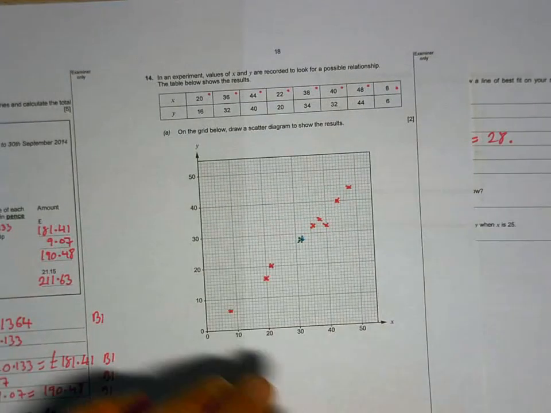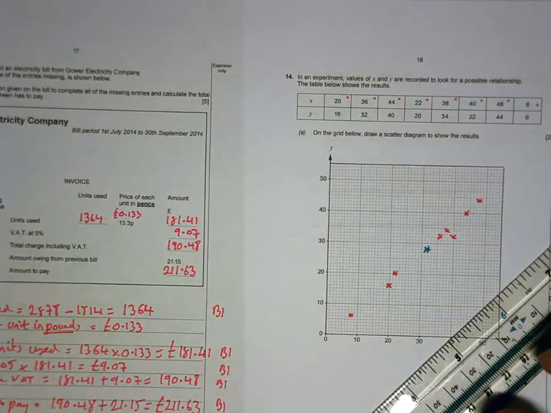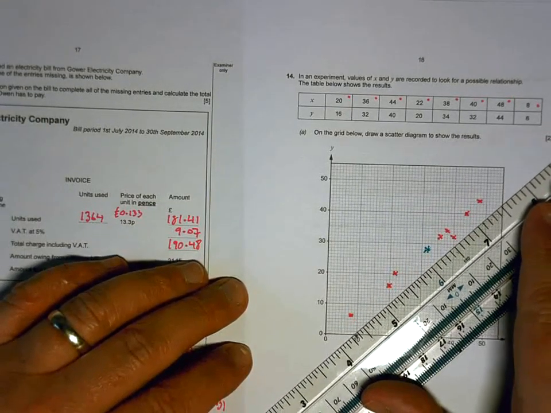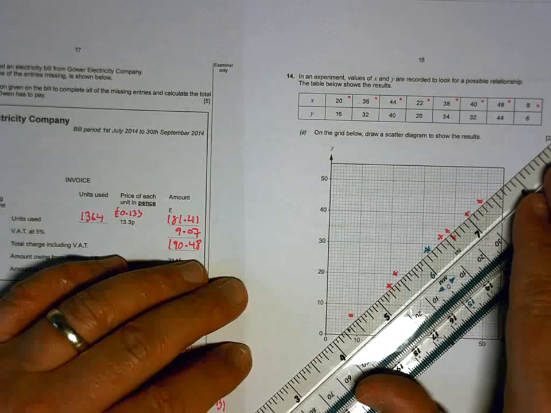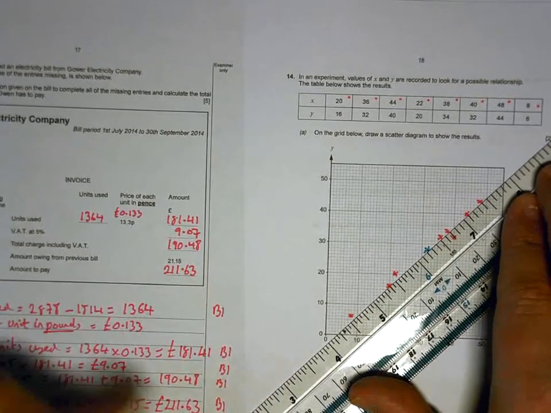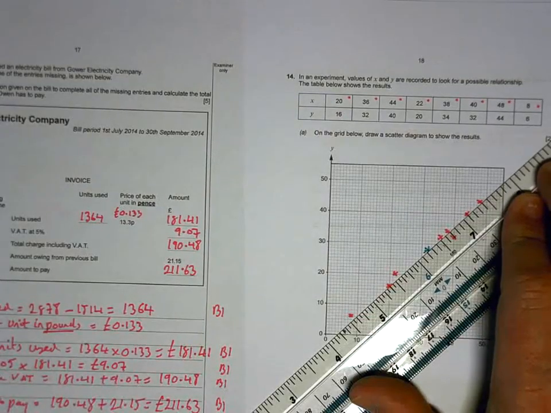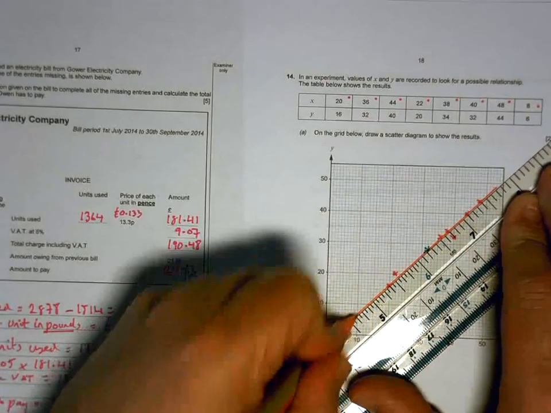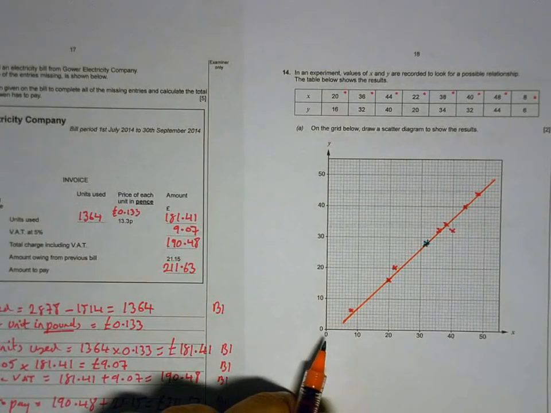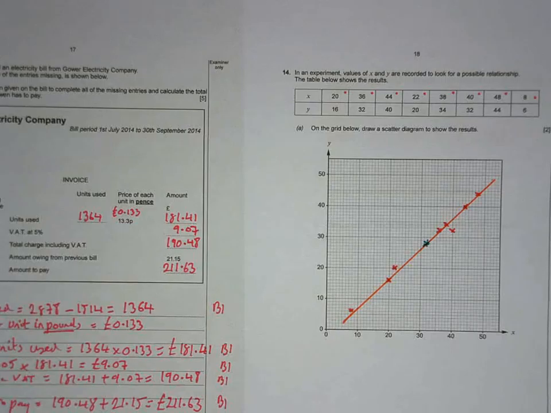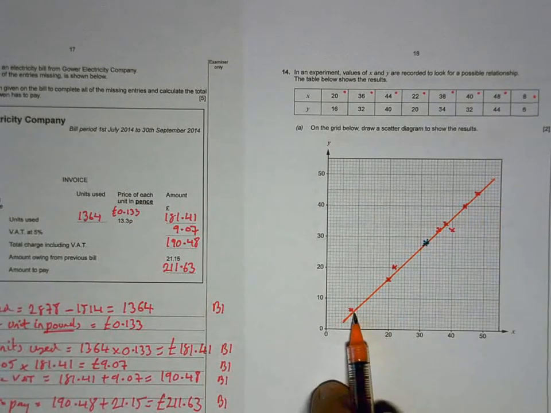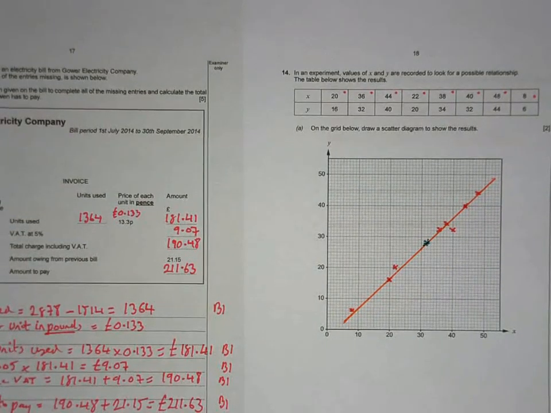We need to make sure that our line goes through the mean. So you want it to go in the same slope as most of your points and through the mean. And you don't take it through 0, 0 because it's not always that type of relationship. So you just take your line just beyond the two extreme points that you've plotted.